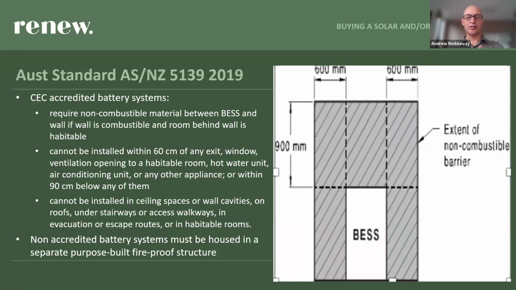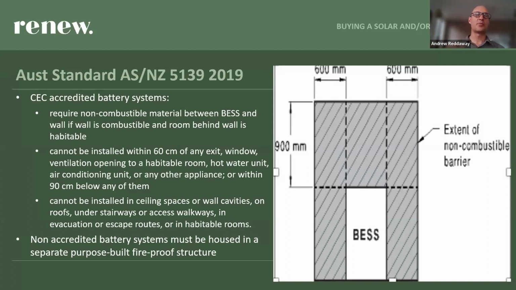Okay, so location, you're basically limited to putting it either in a garage or up against an external wall of a home. And if you're on that external wall, then if the room behind it is habitable, a lot of installers will probably say, "Oh, yeah, any room is habitable. Just do it." Then they'll probably have to put a fairly thick sheet of fiber cement to these sort of dimensions to mount the battery on, and you're not allowed to have any other things within those dimensions from the battery.